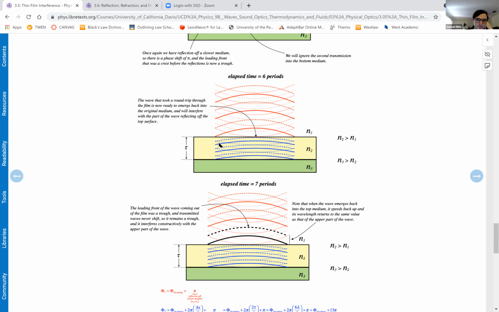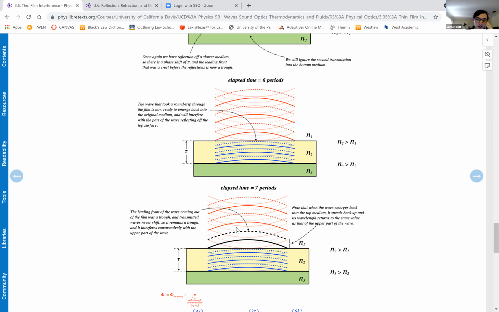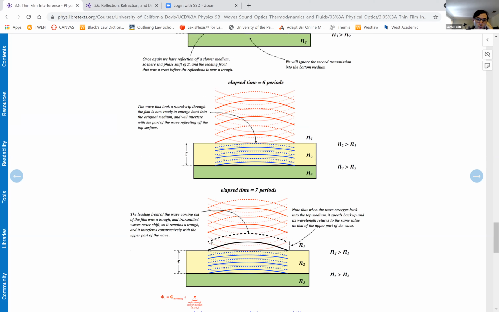So now we have this trough is emitted. This is exactly 1 period afterwards. So this trough would have gone up 1 period, 1 wavelength. But now we see that that is precisely adding up with where would be a trough from the red reflected wave. So the blue reflected wave and the red reflected wave are both having troughs at this location. Similarly, they'll both have peaks at this location.